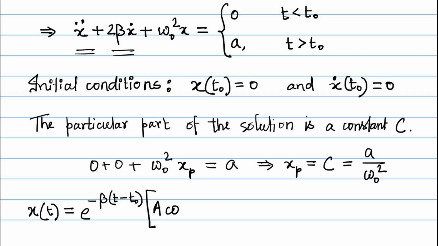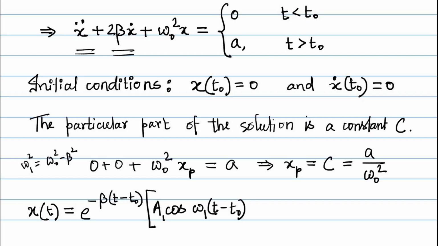So a1 cosine of omega 1 times (t minus t naught). Remember omega 1 squared is omega naught squared minus beta squared.